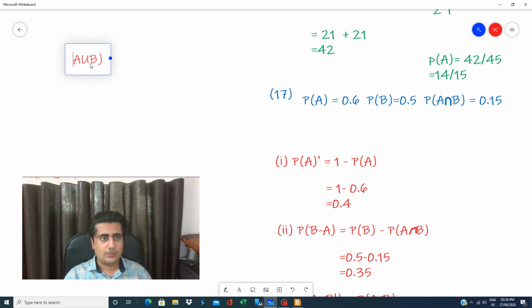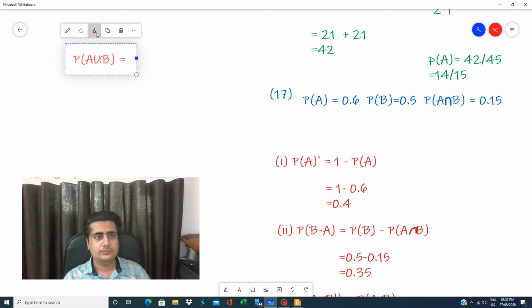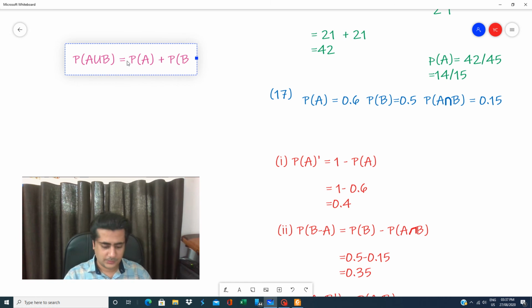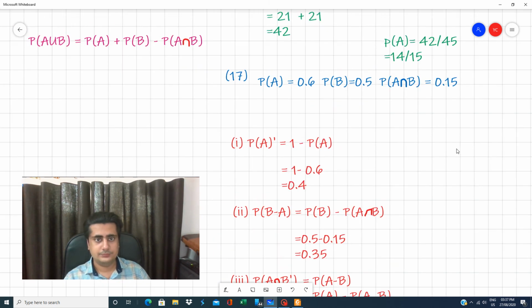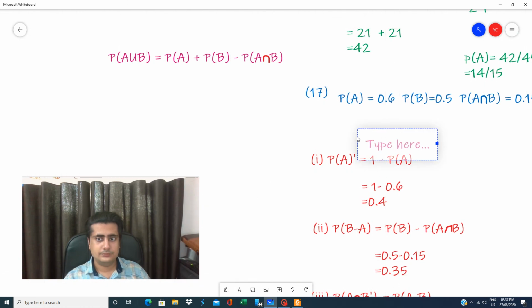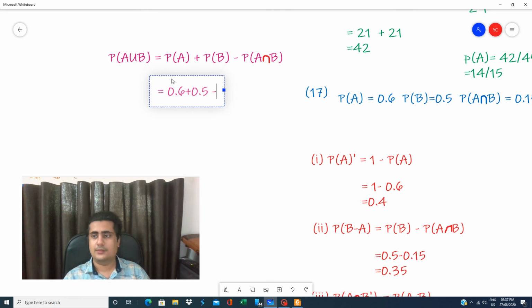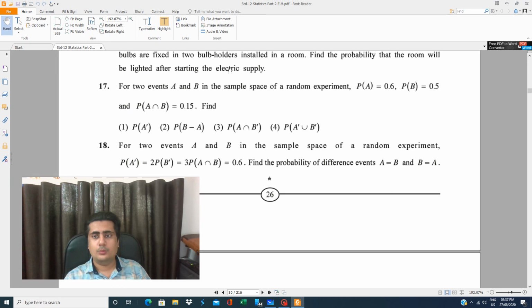So P of A union B is equal to P of A plus P of B minus P of A intersection B. Now what is this P of A? This is 0.6 plus 0.5 minus 0.15.